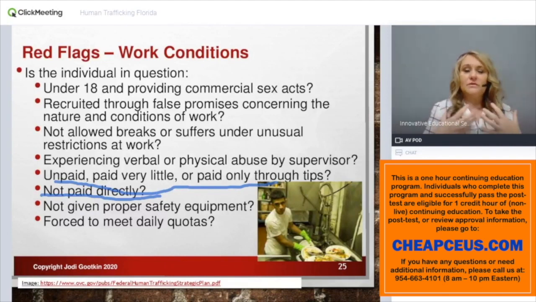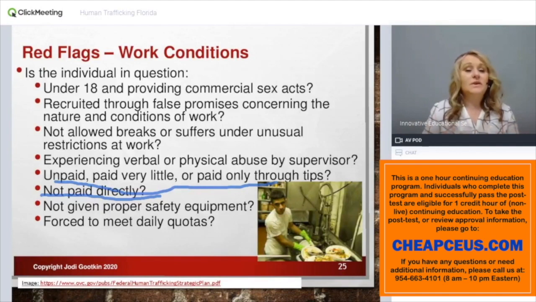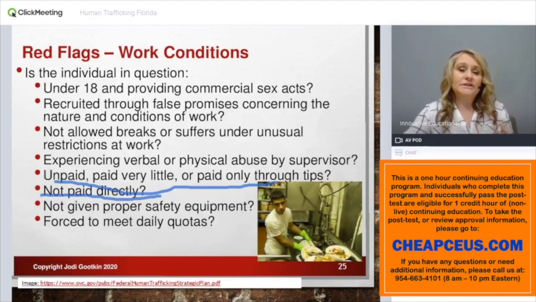Maybe they're coming in with respiratory infections from chemical exposures. Particularly individuals involved in seasonal work are at greater risk for labor trafficking because they're constantly being moved around. Now, when we consider work conditions, we need to put every piece of information together.